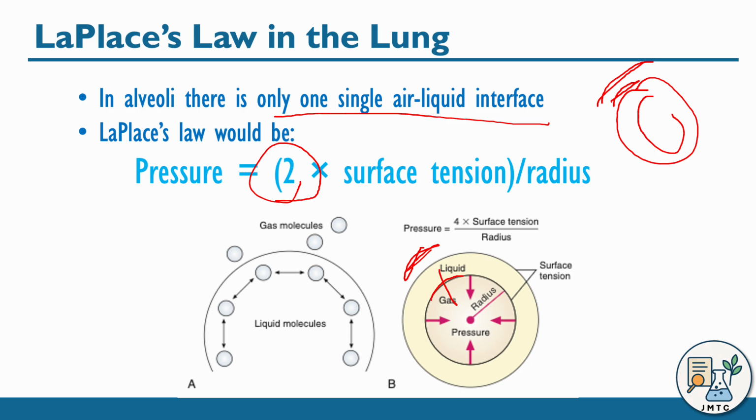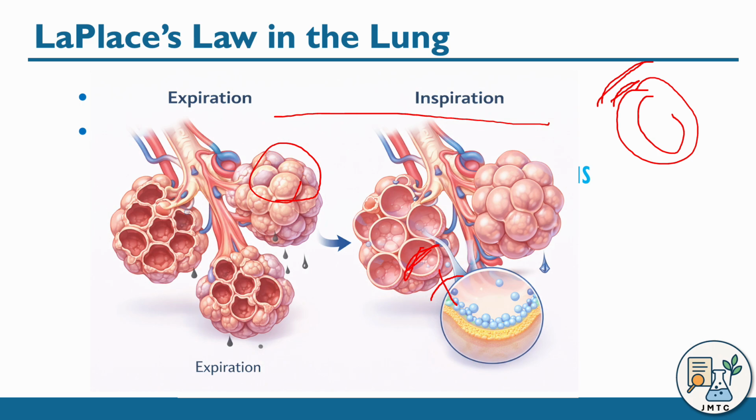And what happens during expiration? So, during expiration, the radius of our alveoli decreases. So, sabi natin kanina, formula natin, 2T over R equals pressure sa Laplace law. So, kapag mas maliit yung ating radius dito, tataas yung ating pressure.